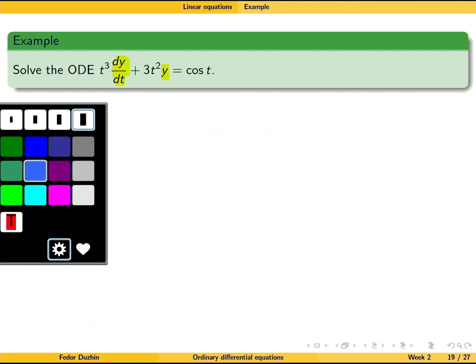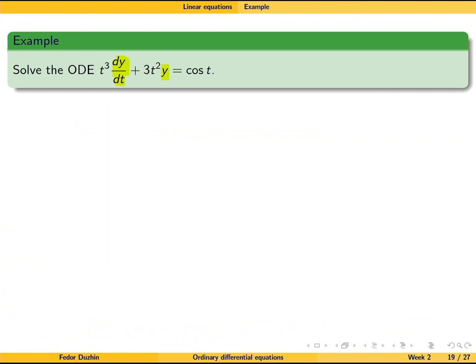But at the same time, the corresponding multipliers t cubed and 3t squared, I mean, if you stare at them, you will notice that the derivative of t cubed is exactly 3t squared. Right? So these terms, they're also related. One of them is the derivative of the other one.